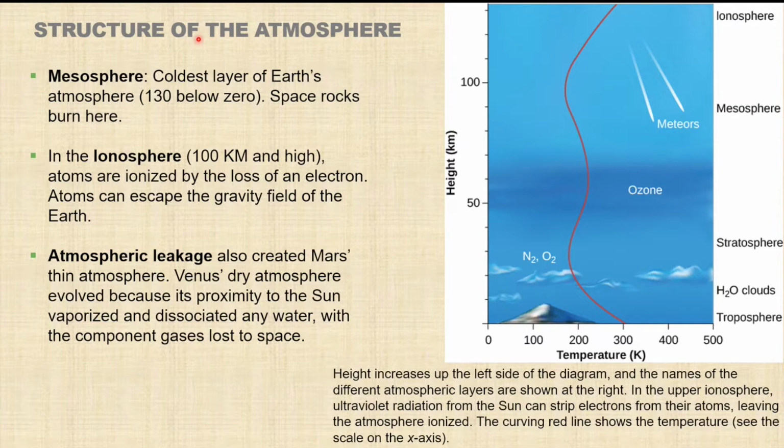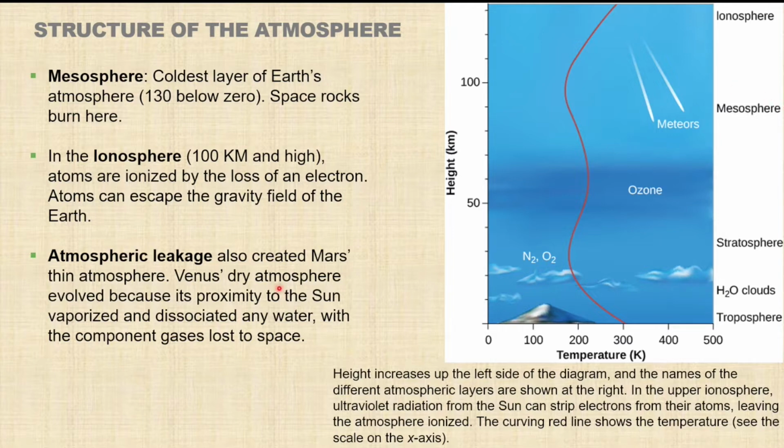And at the mesosphere, the temperature gets low. It's 130 degrees below zero. And this is where most of the space rocks, space junk, debris, small satellites, and meteorites burn up and are prevented from reaching the surface of the Earth.